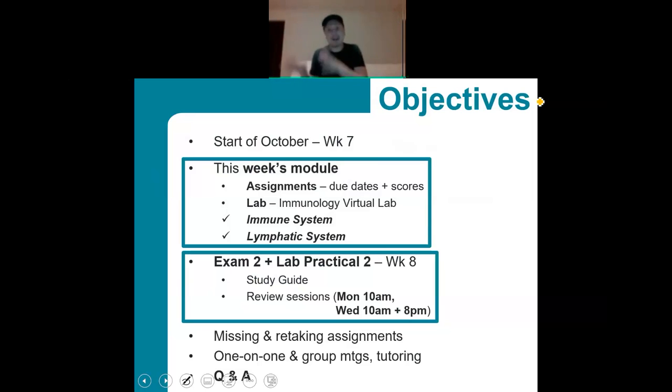But how the lab is done is really easy. This is like old school. You have a document that you can print or open on your screen, then you fill in answers to that, and then you just upload it to Canvas. You find those answers while you work through a website. So it's as simple, with as little technology, as we can make it. So it should be good.